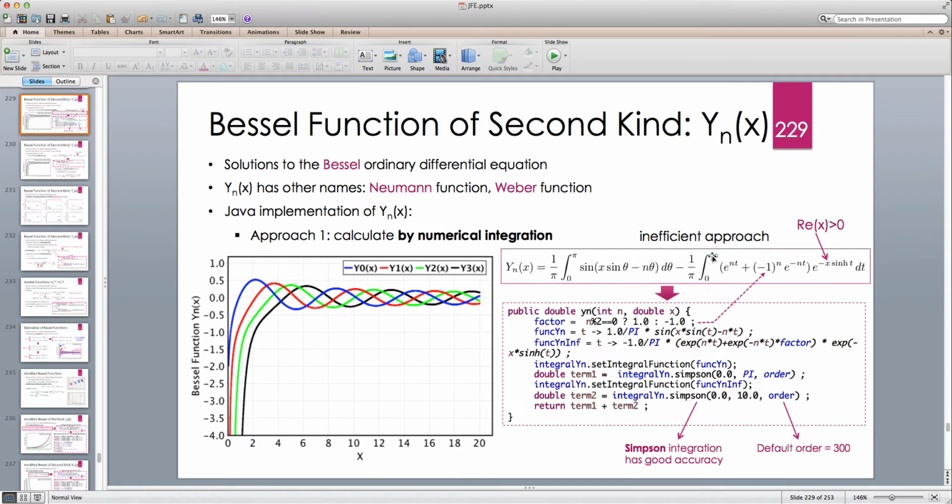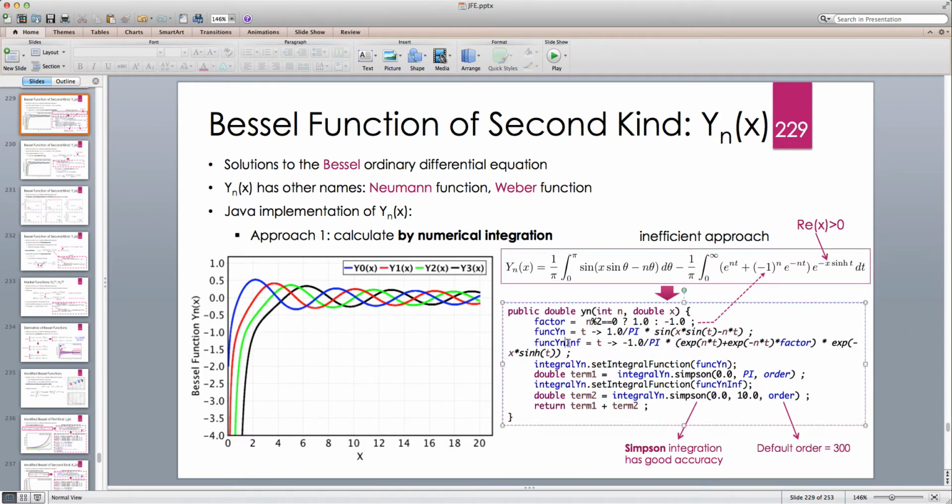Minus 1 over pi, integral from 0 to infinity of e to the nt plus minus 1 to the nth power, which is plus or minus 1, e to the minus nt, times e to the minus x sinh of t. And again, you see that this description is only a valid representation of yn when the real part of x is positive. So x could be a real number, which should be positive, or a complex number which has a positive real part. That's just because of the convergence of this integral.